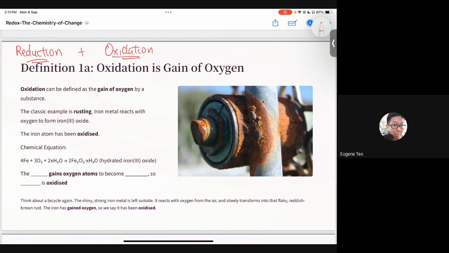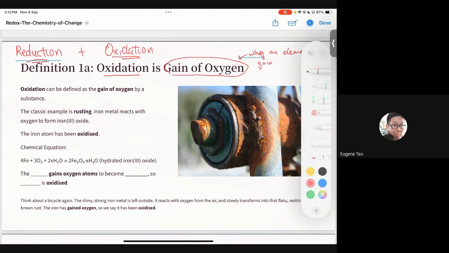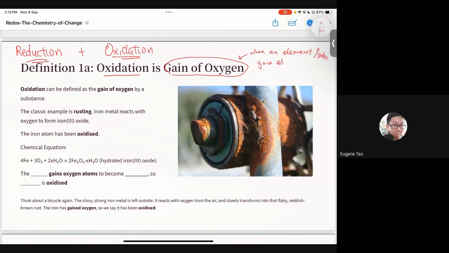Oxidation, when a substance or element gains oxygen, this is oxidation.